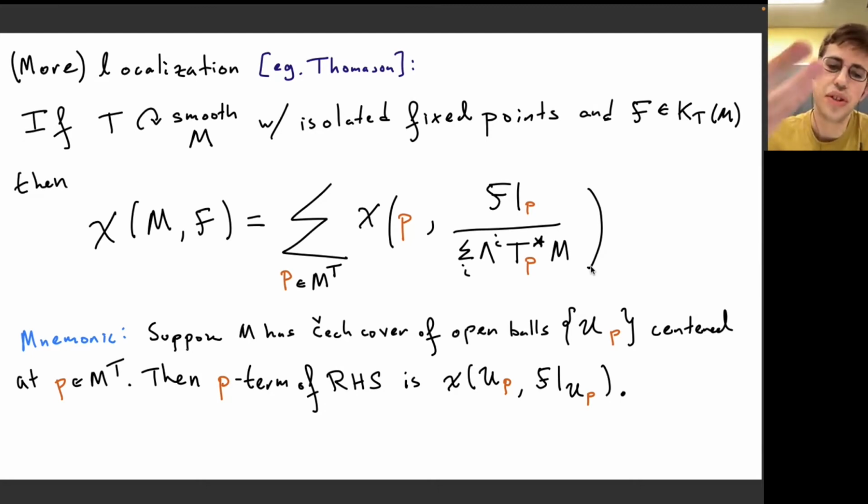And then the next thing you have to show, mnemonically, is that the contribution of the intersections of these Čech covers doesn't end up contributing anything. It turns out to be torsion in equivariant K-theory. This sum over each open neighborhood recovers the Euler characteristic of the sheaf over the whole scheme itself.